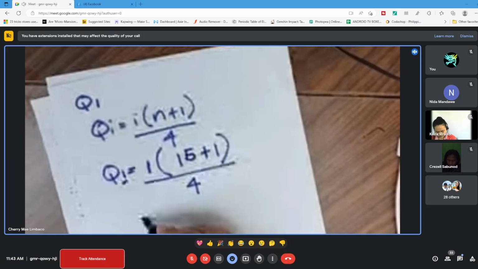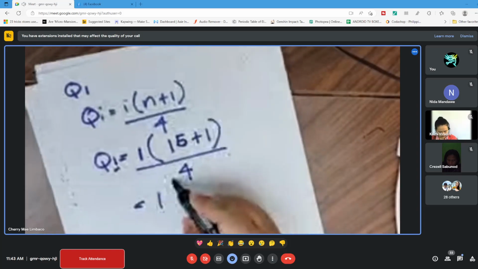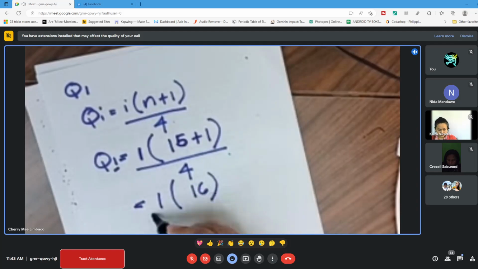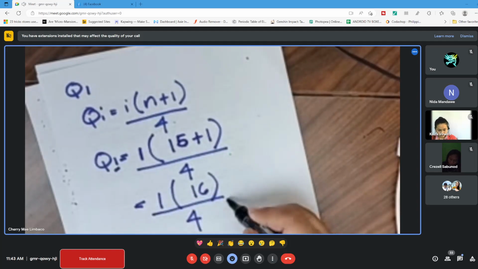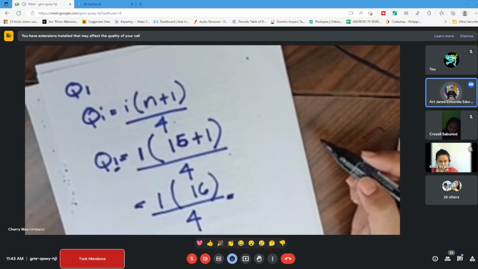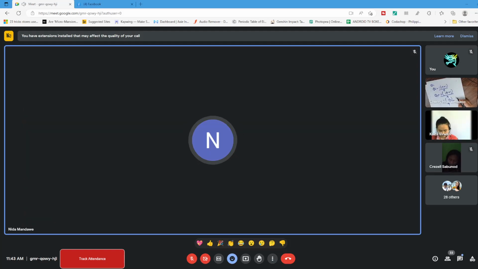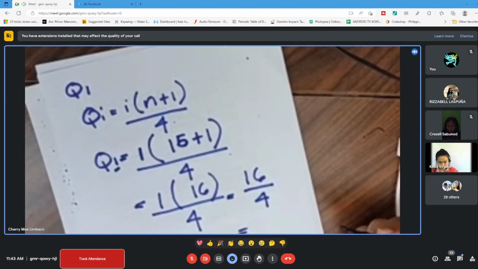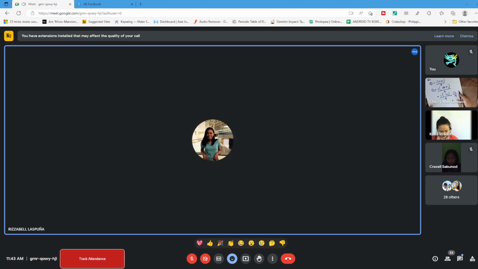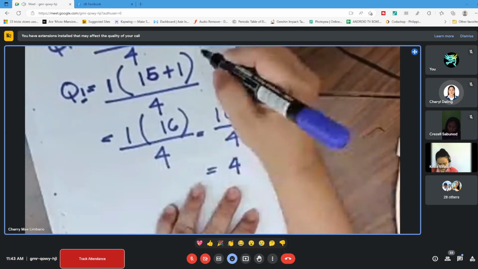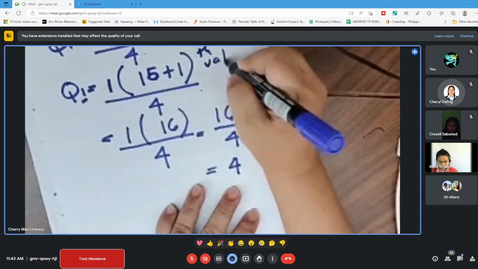So you have here 1 times 15 plus 1, which is 16, over 4. 16 divided by 4 is 4. So, ang atong answer, fourth value na permi ha.